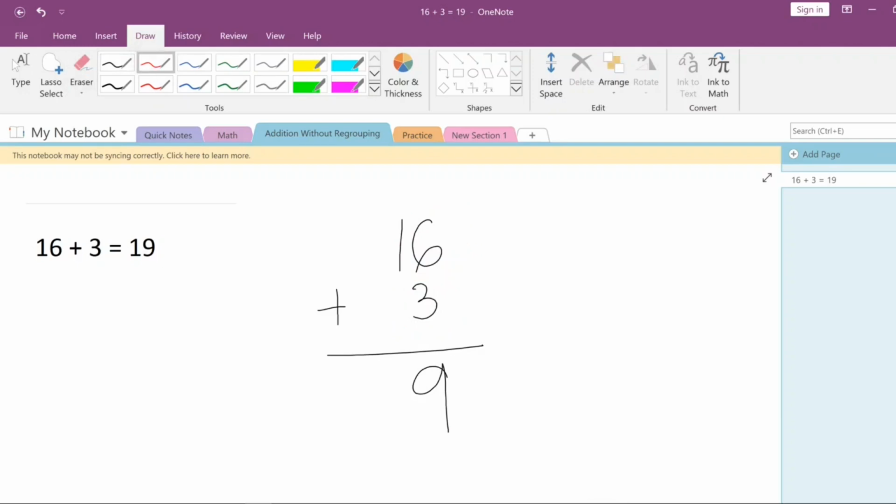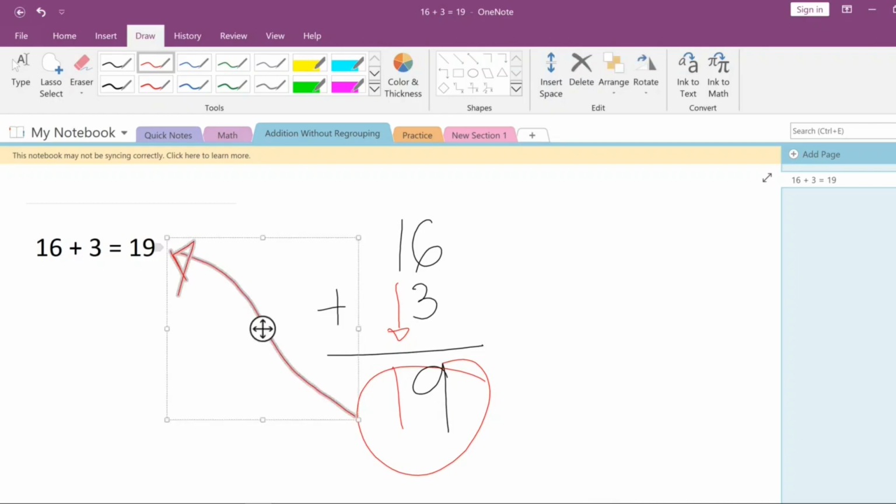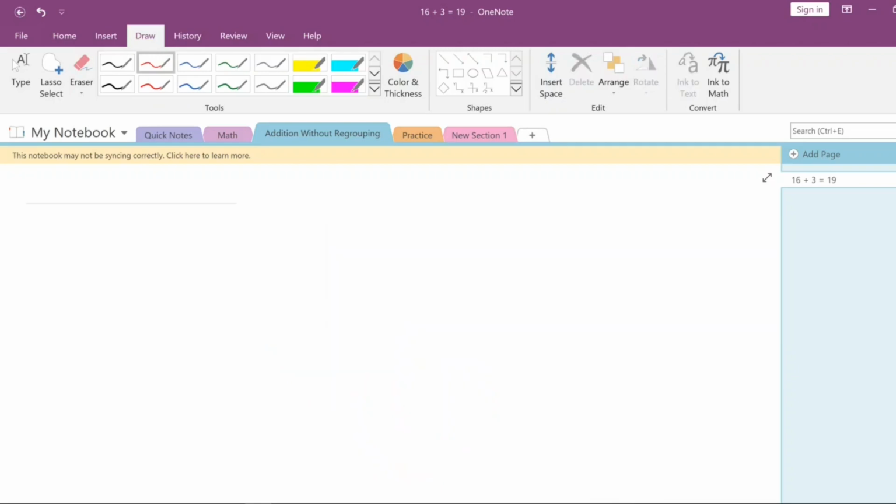So you just need to copy 1 down next to 9 and you've got 19. So the answer is 19. It's similar to the answer that we have here on the other side. Here is another example. 12 plus 5. The answer is 17.